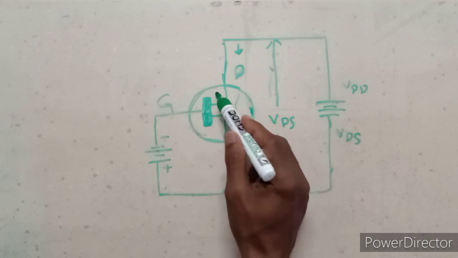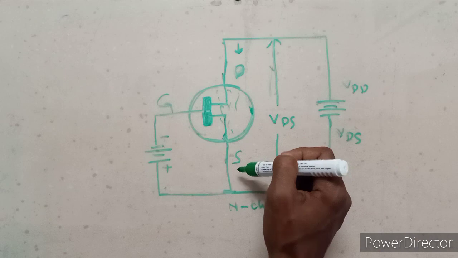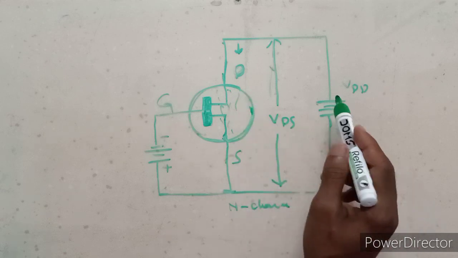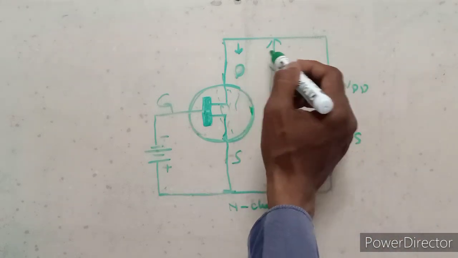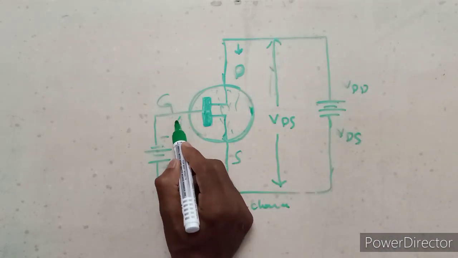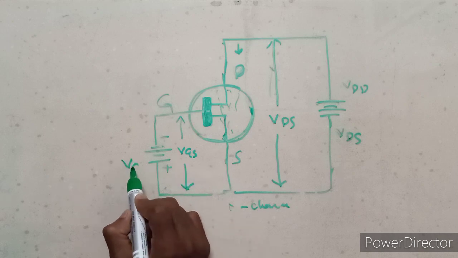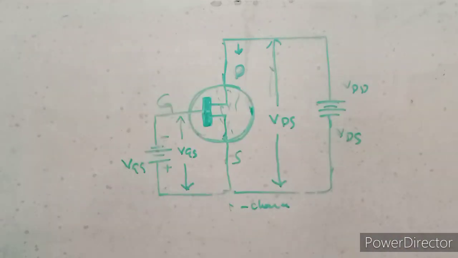This is the voltage between gate and source, VGS. This is the circuit.